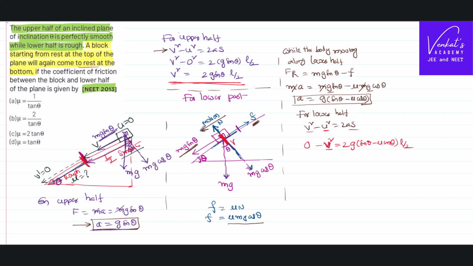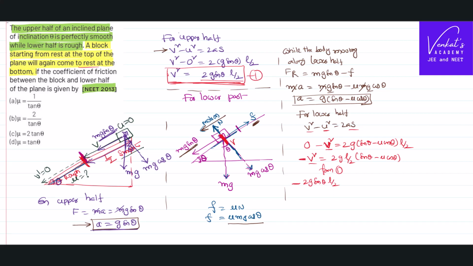So minus v square equal to 2g L by 2 of sin theta minus mu cos theta. I need to find out mu. But from the first part of the problem, I have already calculated v square. I can substitute that here, right? So from equation number 1, minus 2g sin theta L by 2, because the minus is there, I have kept the minus.